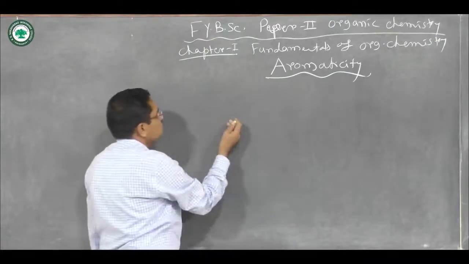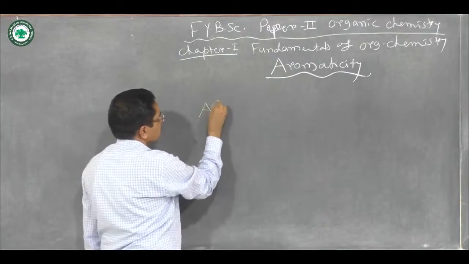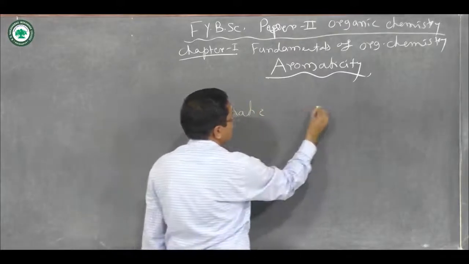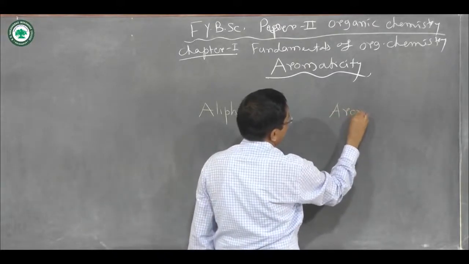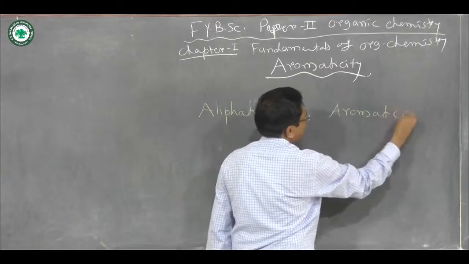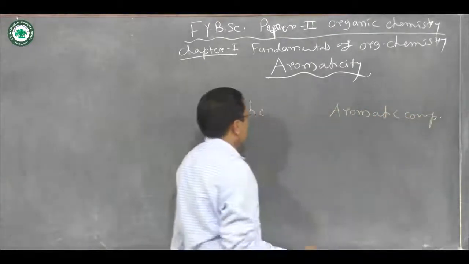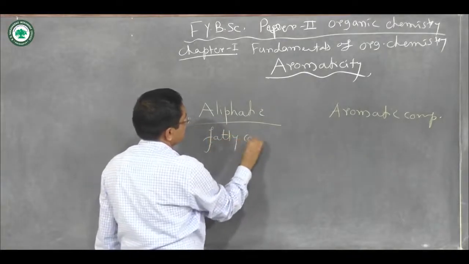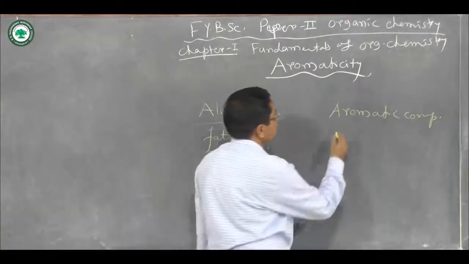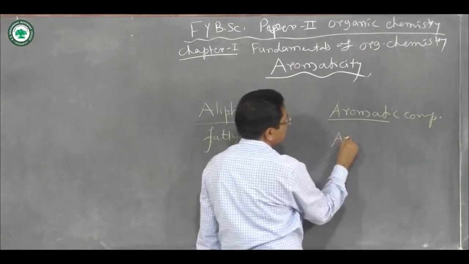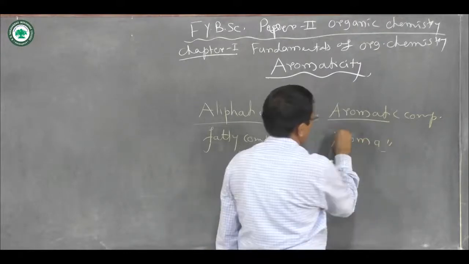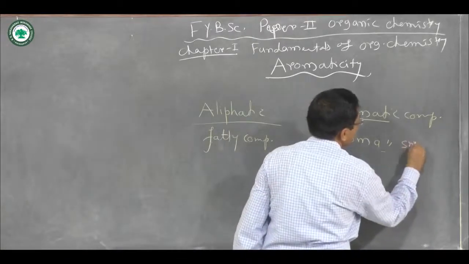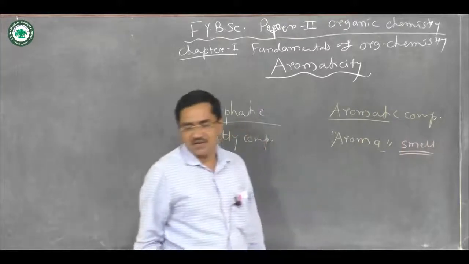There are two types of organic compounds: aliphatic and aromatic compounds. Aliphatic means fatty compounds, and aromatic compounds, the word is coming from aroma. Aroma is nothing but this compound having a specific smell.